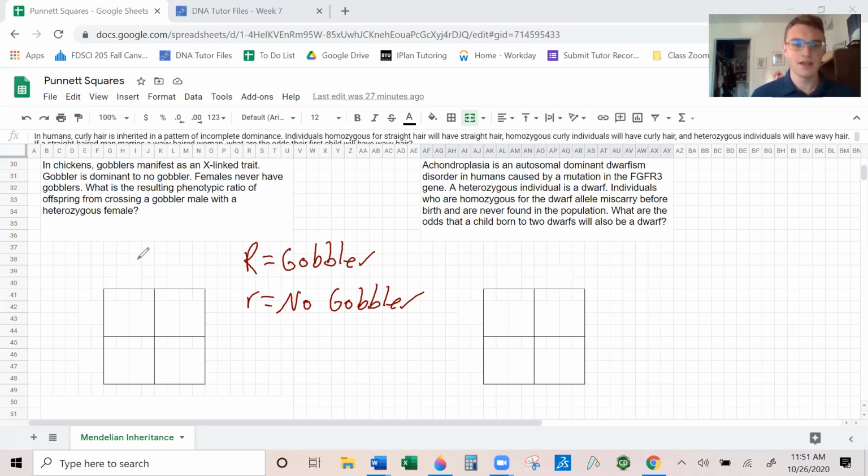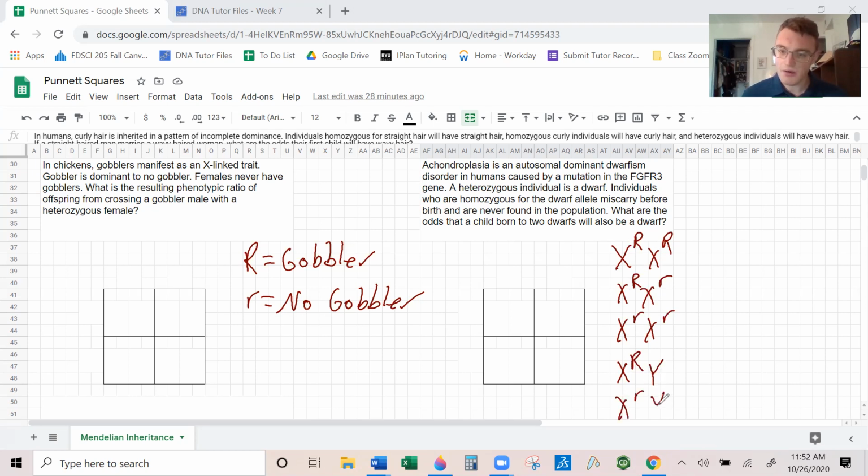At first you might think, uh-oh, is he big R or big R little r? Well, remember, this is an X-linked problem. So if we write out our table, you actually have 5 possible combos. You could be an X big R, X big R. You could be an X big R, X little r. Or an X little r, X little r. You could be an X big R, Y, or an X little r, Y.